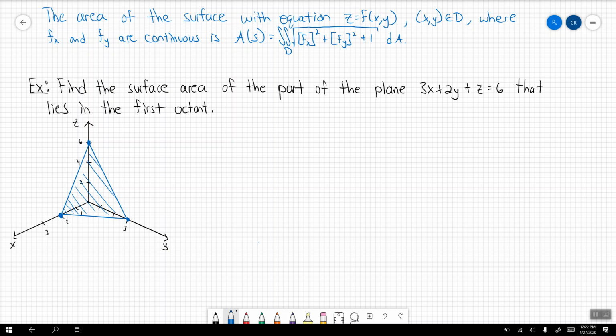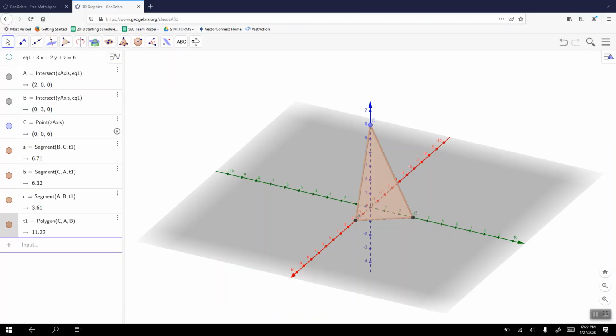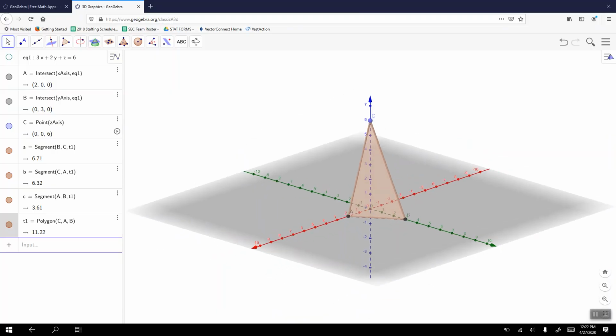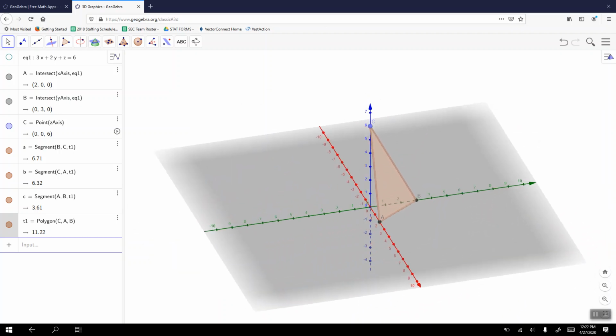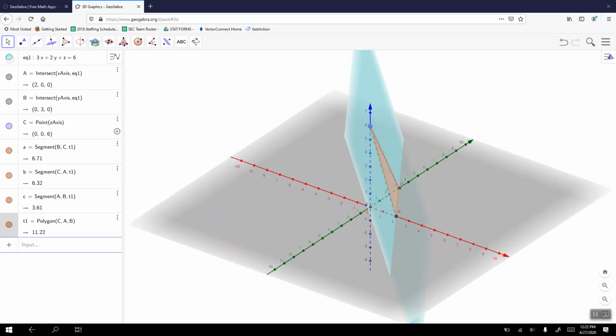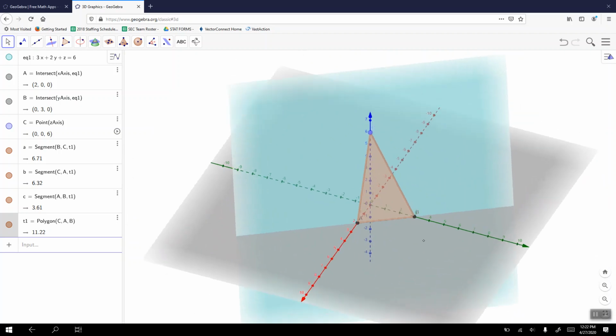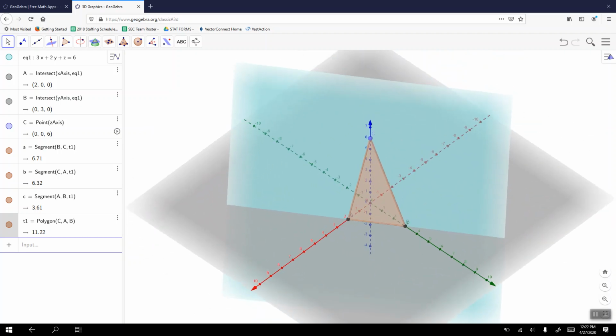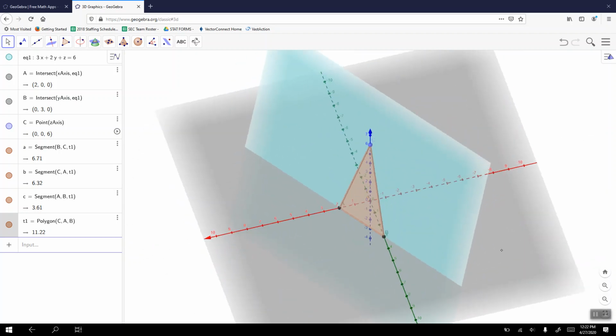Now I want to go to Geogebra and see if Geogebra agrees with what I have here. So follow me along to the class on Geogebra. Alright, so here's Geogebra. I have the 3D graphing system going. Now I have the equation of the plane here, 3x plus 2y plus z equals 6.